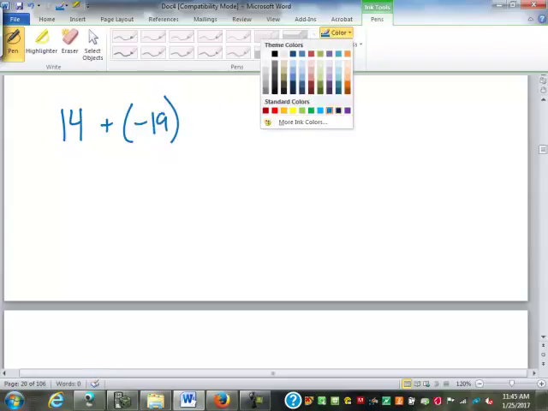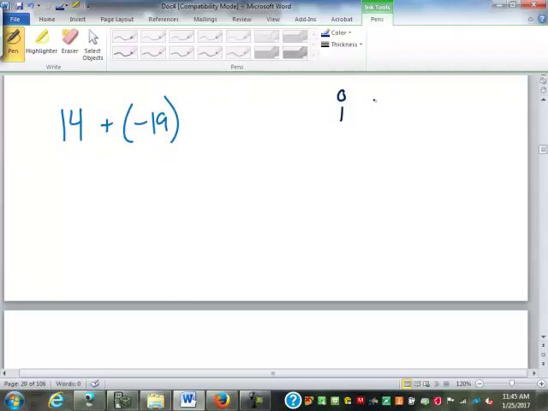What I am thinking is this. Here's 0. Positive 14 goes that direction. Negative 19, it's negative, so it goes the opposite direction. And its length, it is longer because it has a larger absolute value. 19 is bigger than 14. So it goes the opposite direction, and it's longer, so that means it goes past 0.